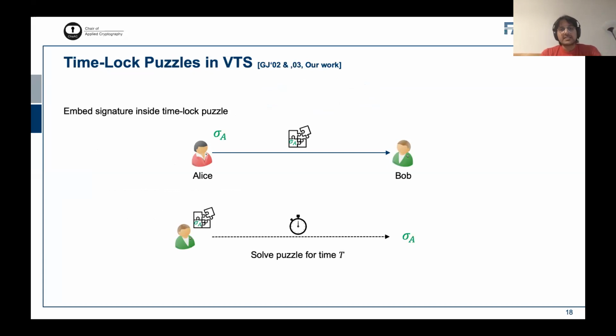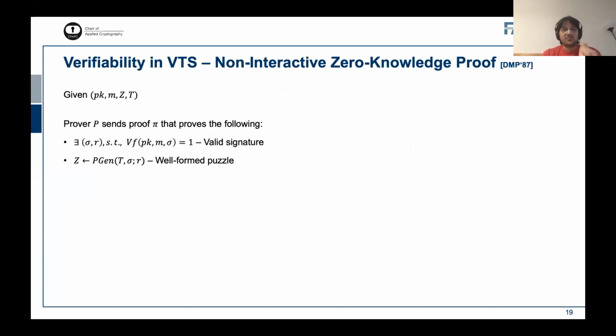Okay. As I said before, you need some kind of verifiability, and for this, we use a NIZK proof. And what is this NIZK proof? So given a public key PK, a message M, a puzzle Z, and the hardness parameter T, the prover or the puzzle generator sends a proof that proves that what is embedded inside is actually a valid signature, and that the puzzle is actually well formed, right?